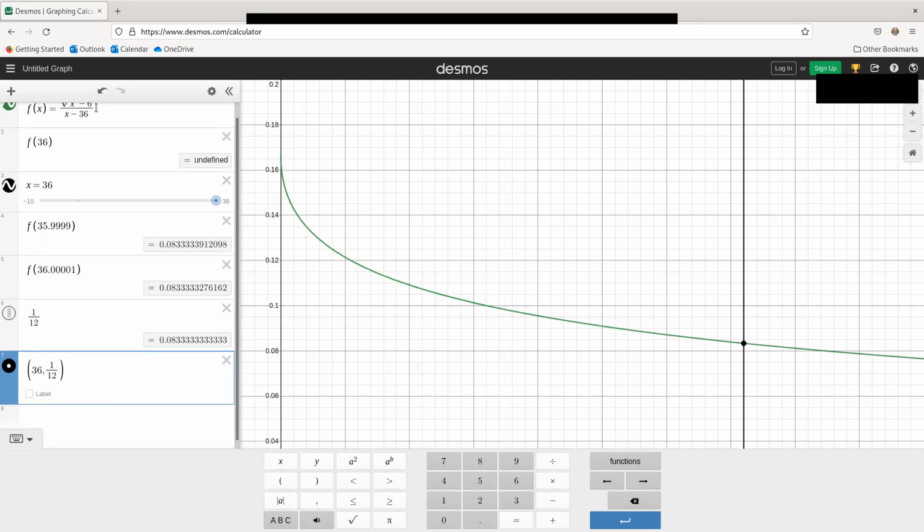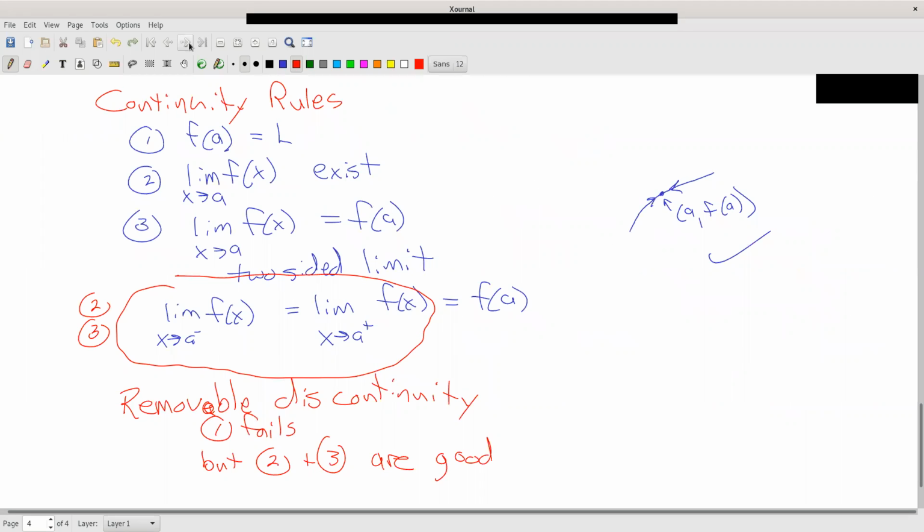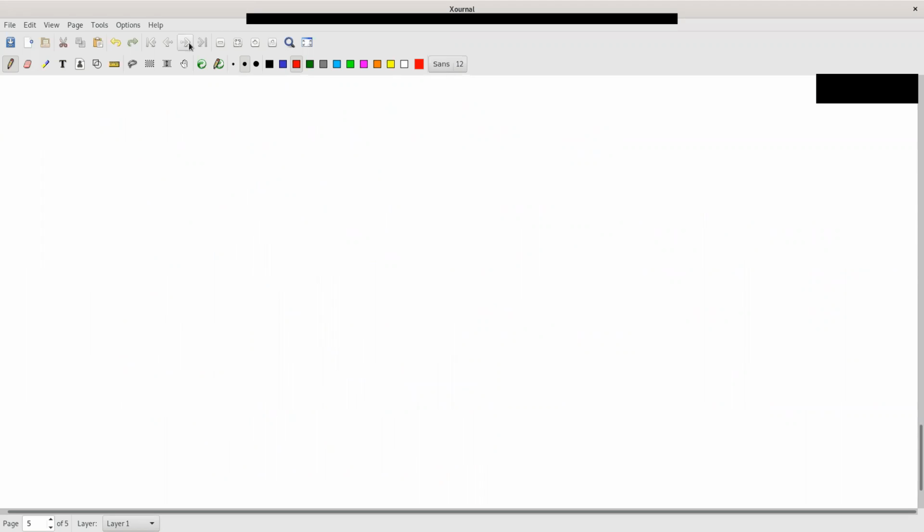So I could redefine this function as a new function that is continuous, and I would do it as follows. To plug a hole, we have to make a piecewise function. So for example, f of x is equal to square root of x minus 6 over x minus 36. Now, because of the square root on the top, the domain of this function is x greater than or equal to 0.